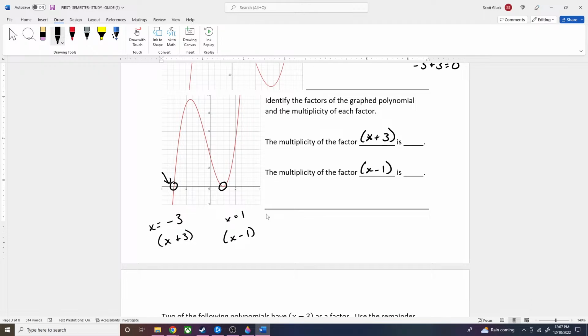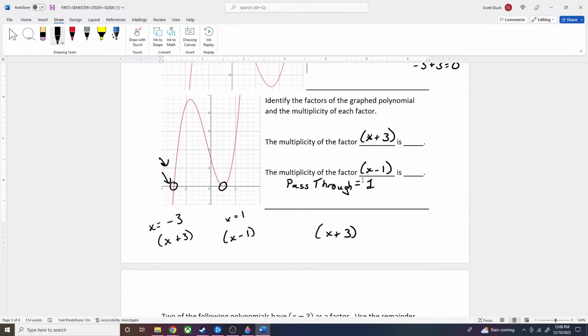And that is determined based on how the graph interacts with the zeros. So for instance, over here at x plus 3, where it's just passing through, if you see the graph pass through like that, that means you have a multiplicity of 1. Okay? That factor will only appear once in the full factor form. So if we're writing the full factor form, we can just say x plus 3 like that.